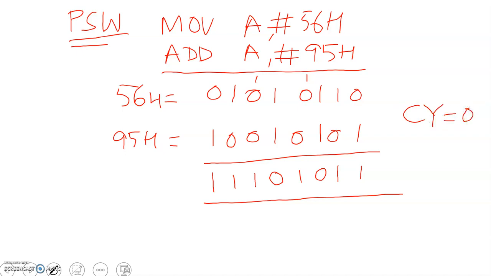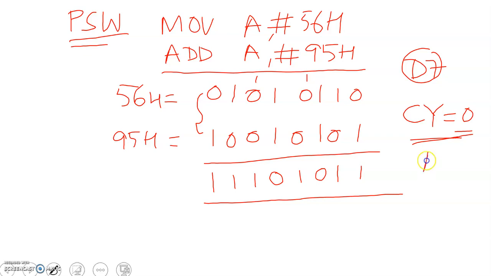Why? Because there is no carry beyond D7. So CY is 0. If the addition of these two numbers had resulted in a carry, then this would have been set. But in this case, it is not.